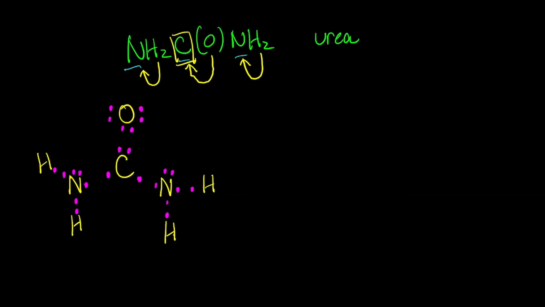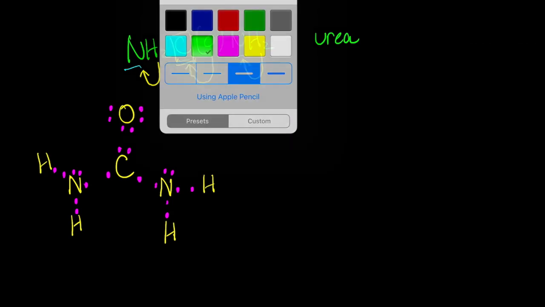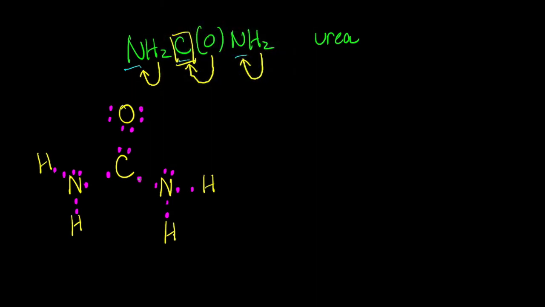So we go ahead and now make our bonds. So everything must have a single bond at first. And we stop to evaluate the octet. Now this oxygen does not have an octet, and this carbon does not have an octet. So I'm going to need to make another bond between the oxygen and the carbon. And now I'm done. That's a good Lewis structure.